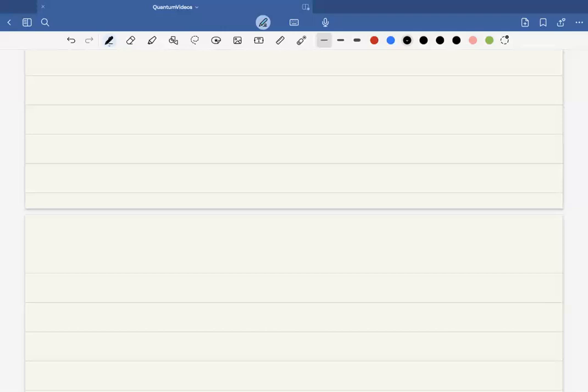Now suppose x to the r over 2 minus 1 and x to the r over 2 plus 1 are not multiples of n, but their product is a multiple of n. So over here, the product is a multiple.